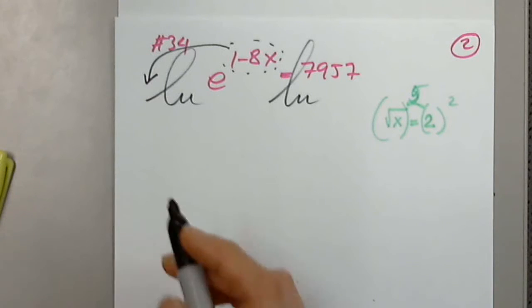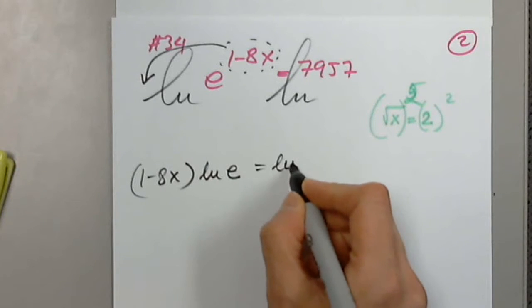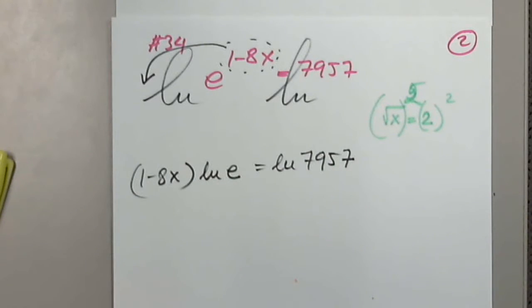It's the power rule. (1 minus 8x) multiplied by natural log e equals natural log 7957. Anyone remember how much is natural log e? 1. Exactly. Do I have to show why? I want you to say yes if it's not clear.